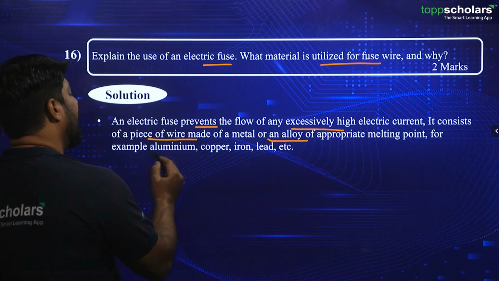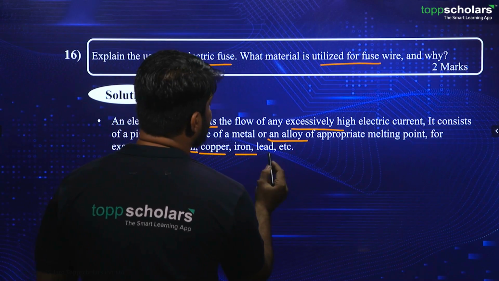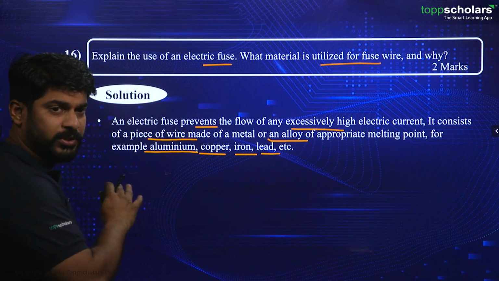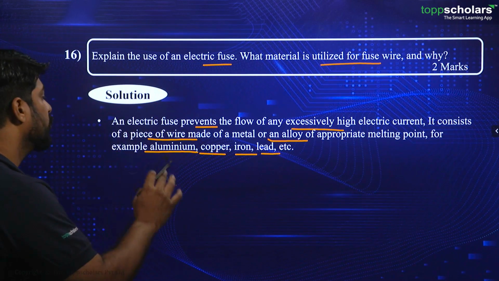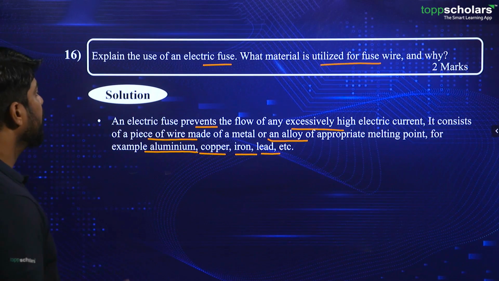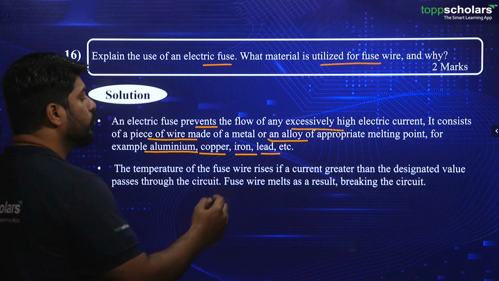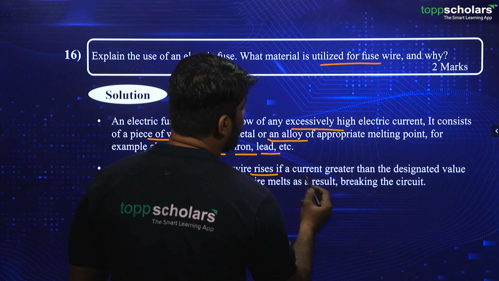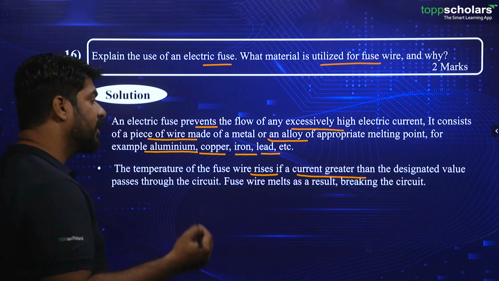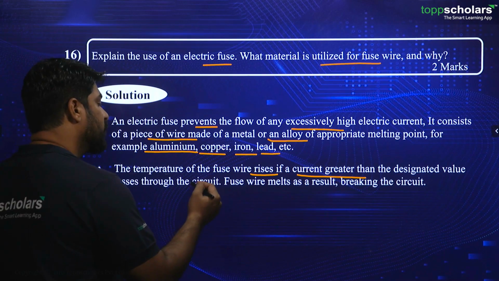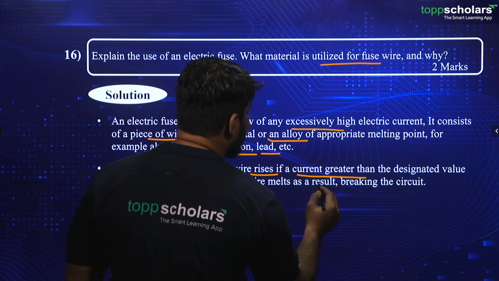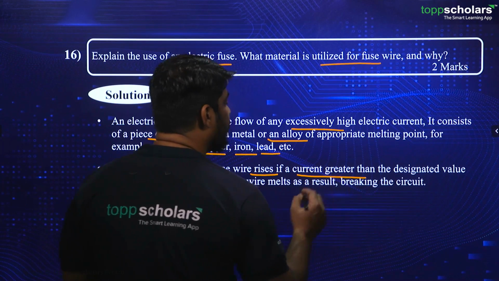For example, aluminium, copper, iron, lead, etc. So such kinds of materials are utilized for electric fuse. The temperature of the fuse wire rises if a current greater than the designated value passes through the circuit. Fuse wire melts as a result, breaking the circuit.